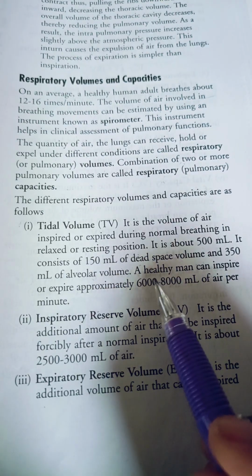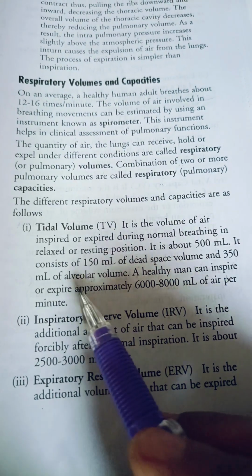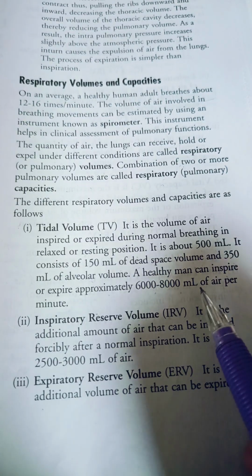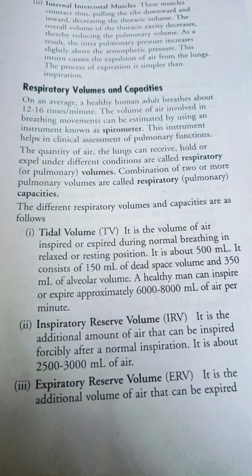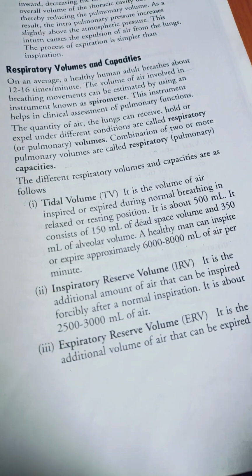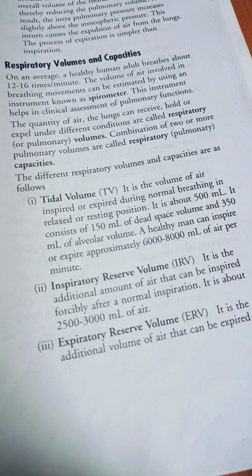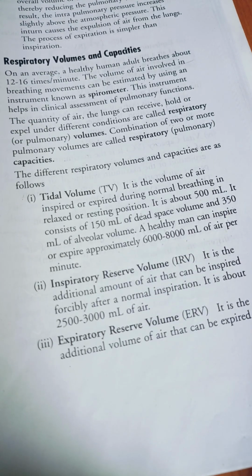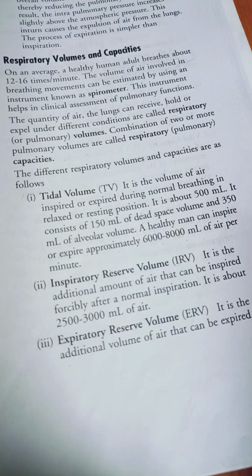A healthy man can inspire or expire approximately 6000 to 8000 ml of air per minute. Tidal volume 500 equals 150 dead space plus 350 alveolar volume.